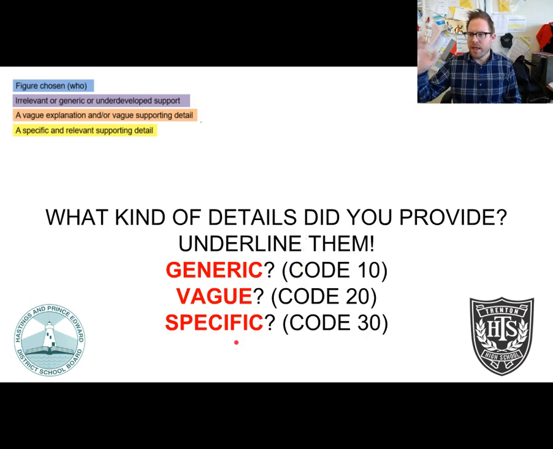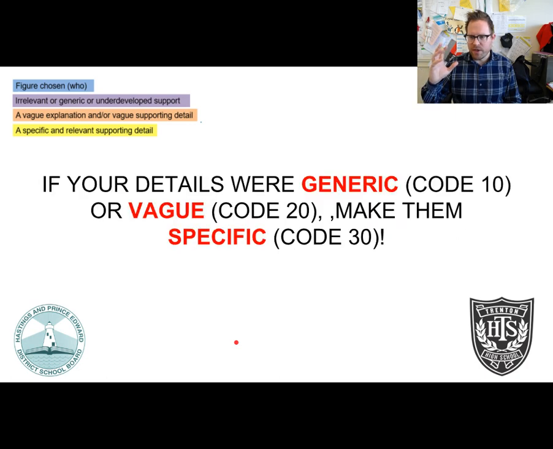Okay, so just get that in your head right now, what kind of details that you have. So if your details were generic or vague, I would like you to make them specific now. Okay, bump them up. Bump them up to being specific.